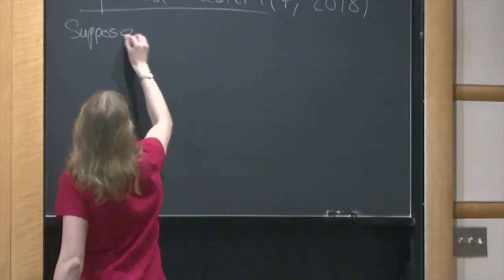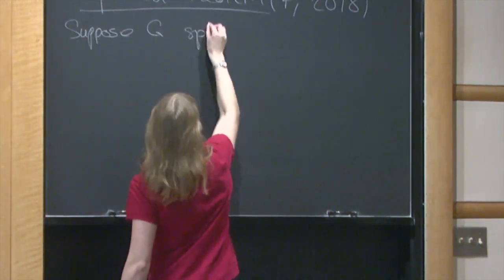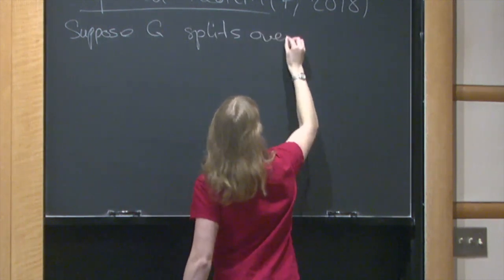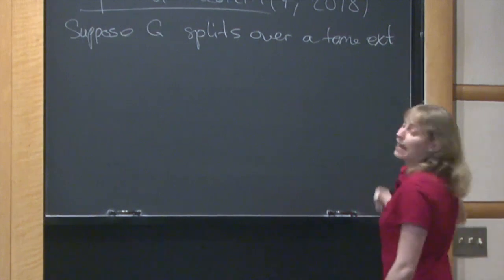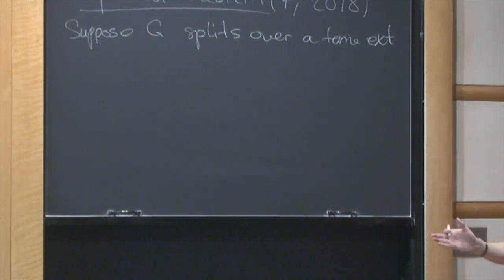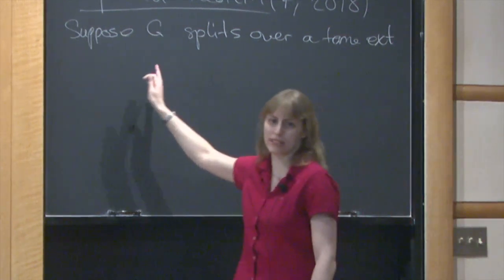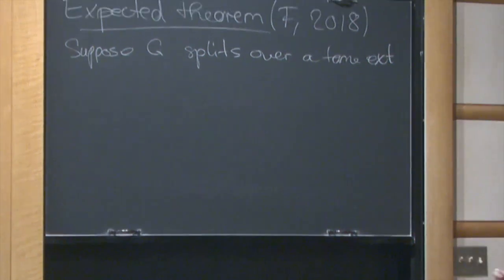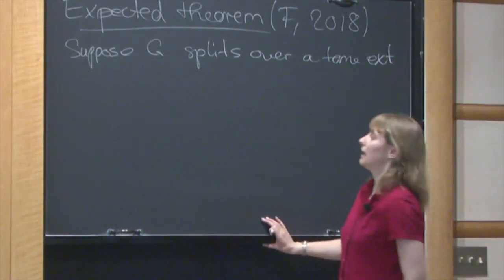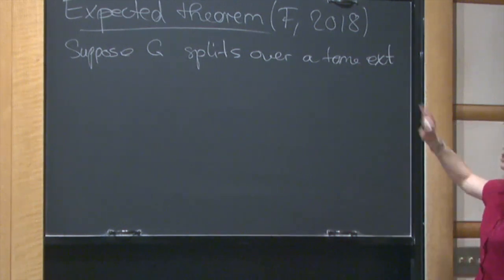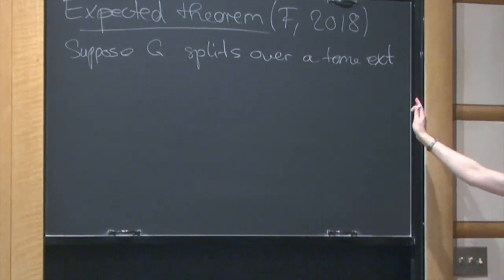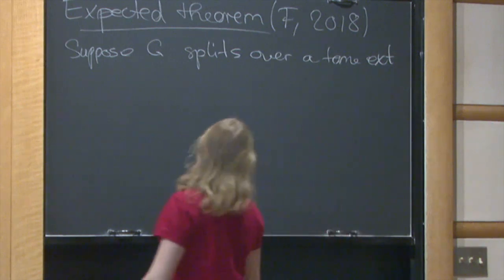Suppose the group G splits over a tame extension of K. So that's what people always assume. In this area, people always work with groups that split over a tame extension, except my thesis. But before that, people always restrict to this case. In particular, Yu starts with G splits over a tame extension. So if we want to show exhaustion, of course, we have to assume it.